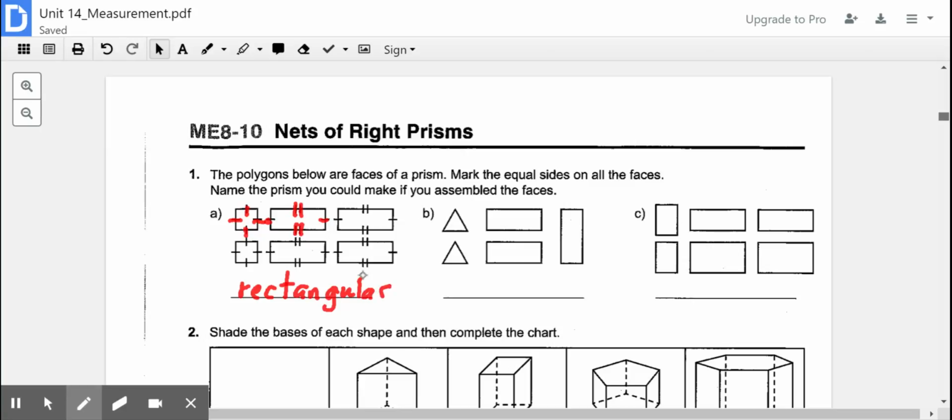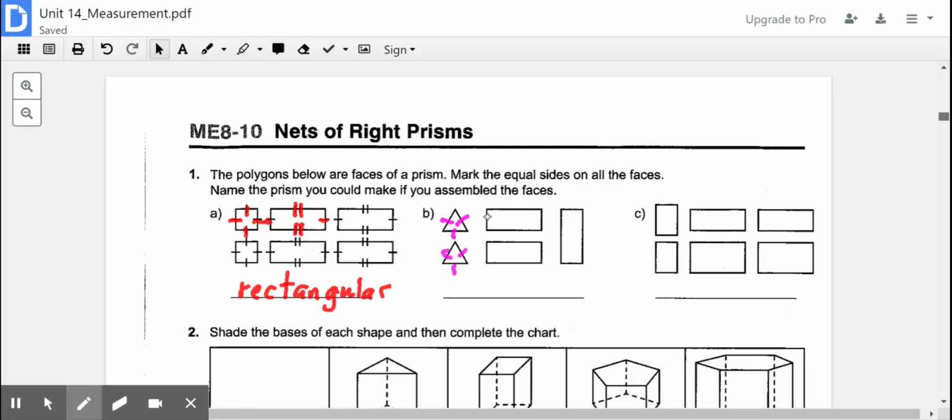Let's check out B. B has got a total of 5 faces. The first thing we're going to do is mark the sides that are the same. So change my color here. Let's see, this side is the same as this side, and it's the same as that side. Those 3 sides are the same as that side. Top and bottom faces are always congruent.